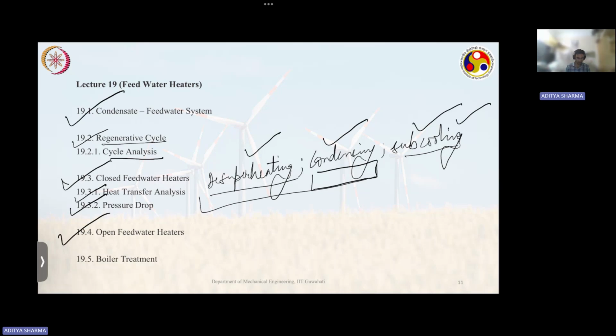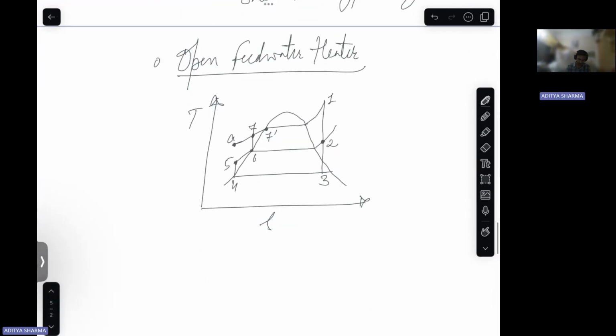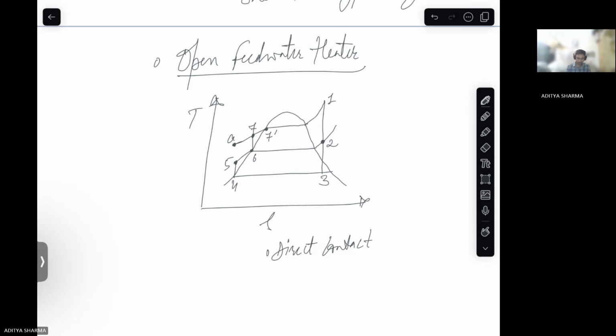Then next is your discussion on open feed water heater. A few points about open feed water heater that have been mentioned: first of all, this is also a direct contact type heater. Then this is also called deaerating.